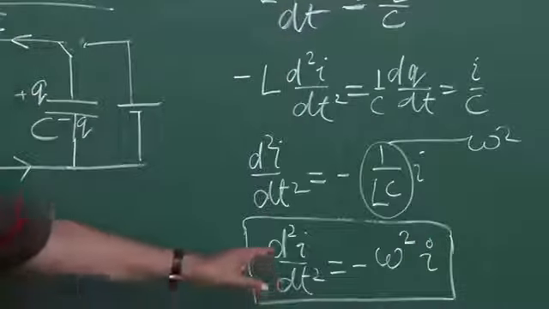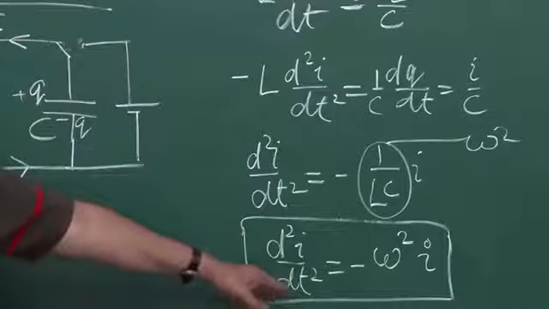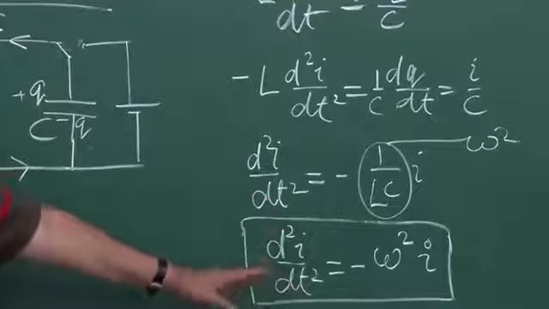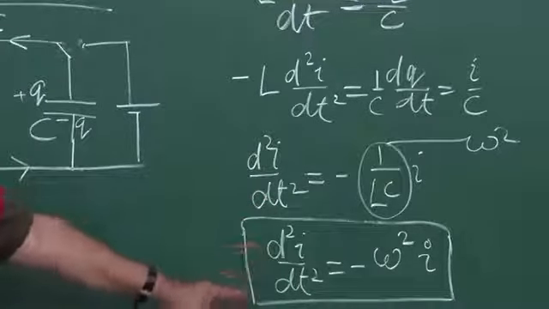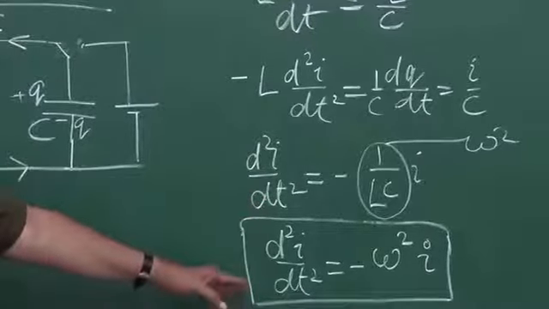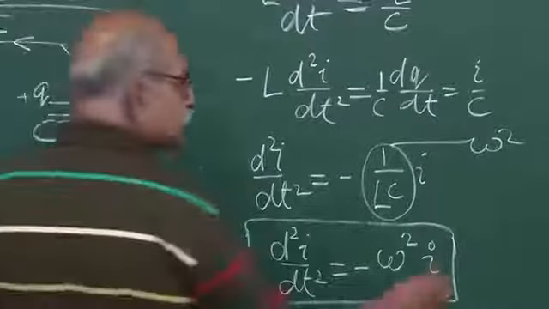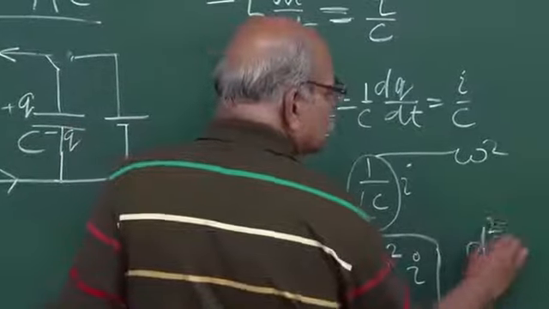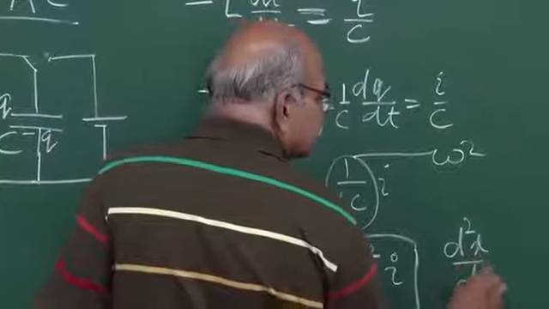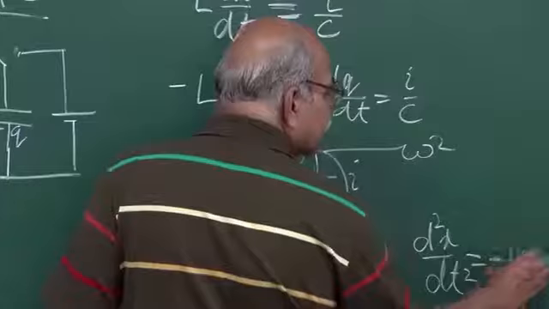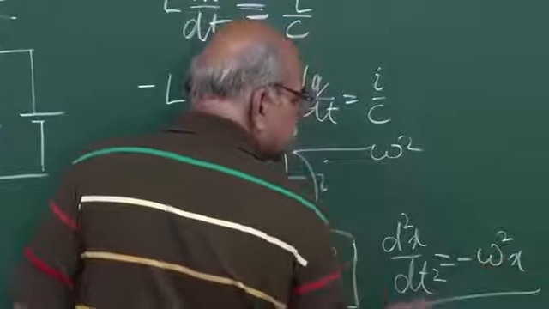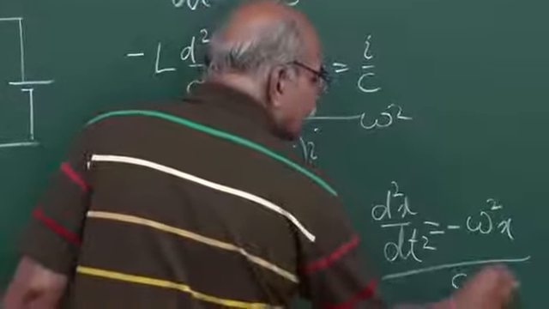So this is how the current will change in time, and this equation is familiar to you. This is a simple harmonic motion equation for a particle which goes in SHM. For that, the equation is d2x/dt² = -ω²x.